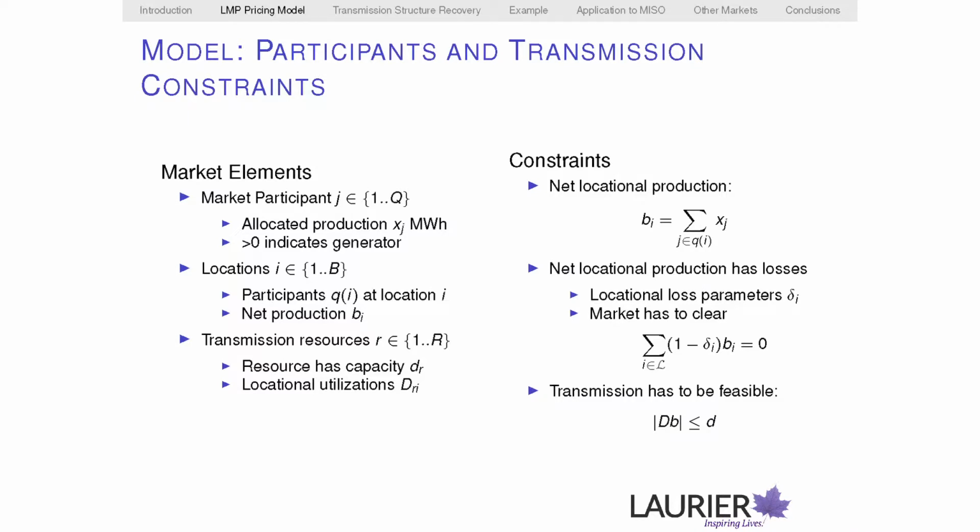And the market has to clear, so the sum of all the energy, netting out the losses, has to be equal to 0. And then the final thing is that, and this is what we're really interested in, those delta i's, and we're also interested in getting at the d's, but transmission has to be feasible.